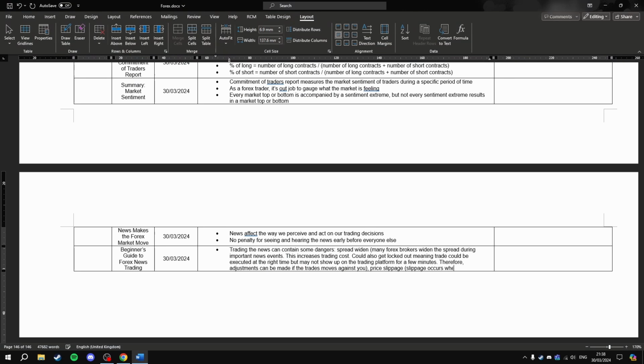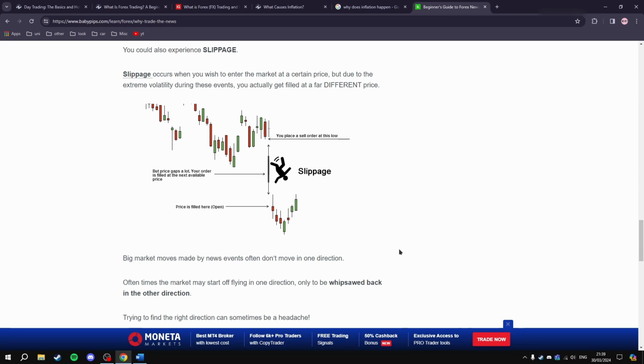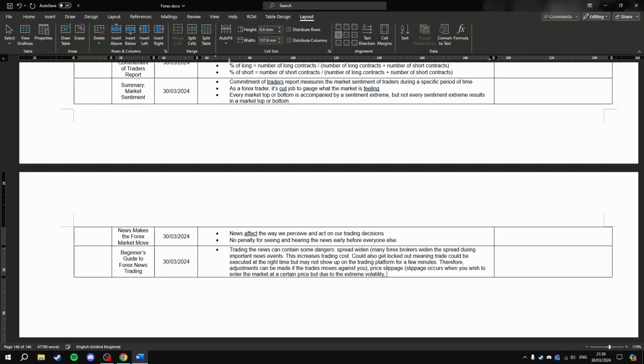Slippage occurs when you wish to enter the market at a certain price, but due to the extreme volatility, you actually get filled at a far different price.